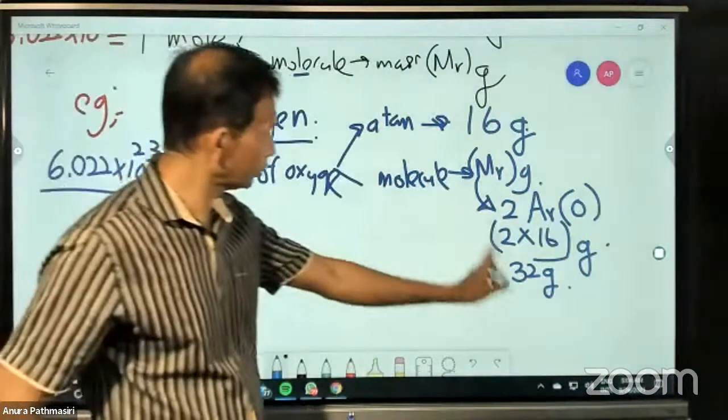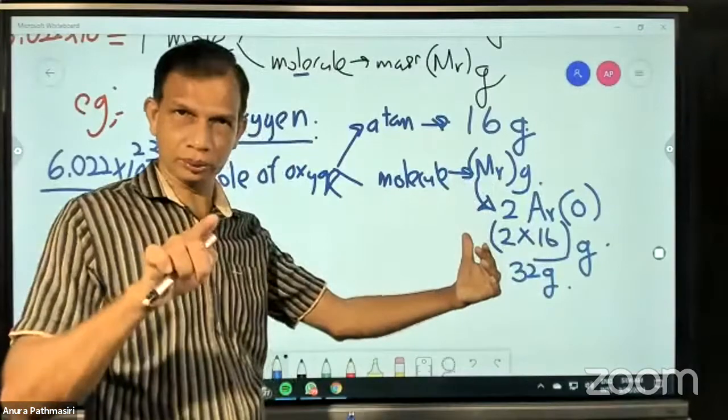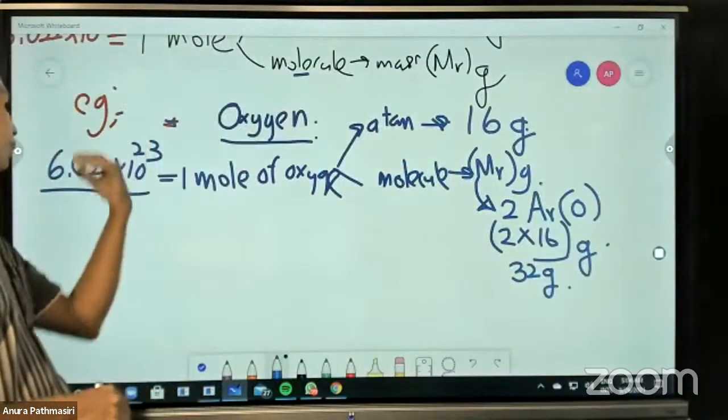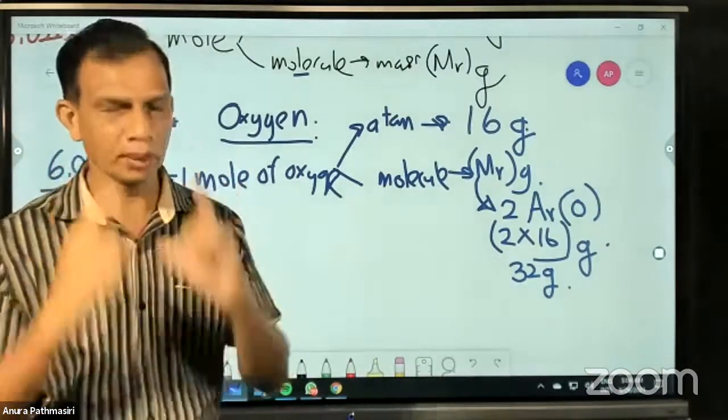If you have 32 gram of oxygen molecule, there you got 1 mole. And then you got 6.022 times 10 to the power 23 amount of molecules.